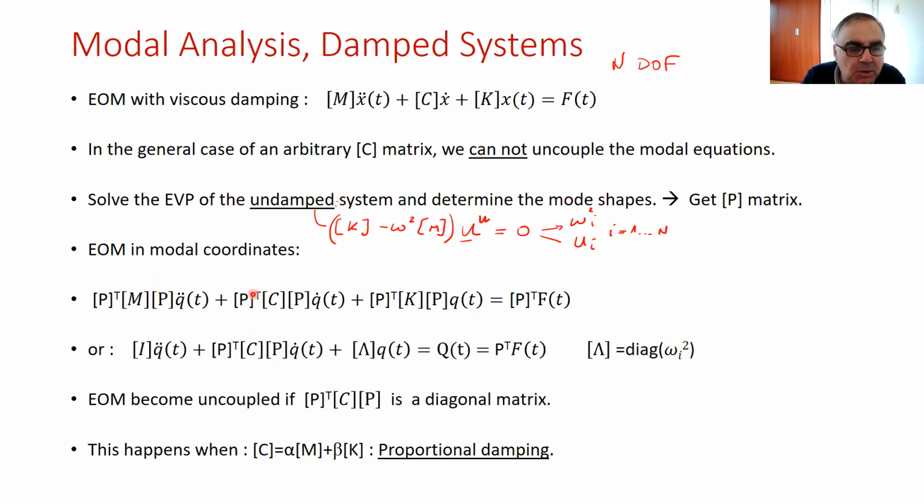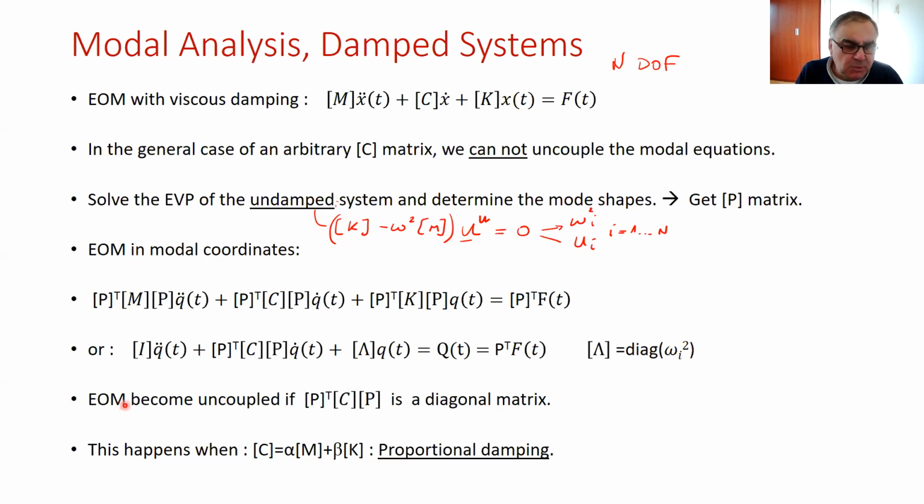But what about this one? P transpose C P. Well, the problem is usually if you just select an arbitrary C, that won't be diagonal, and that is the problem. If you don't get it diagonal, then you cannot uncouple the so-called modal equations, not if you use the undamped modes of the system.